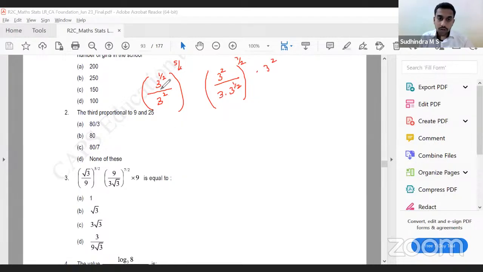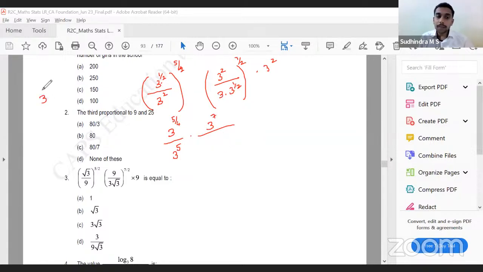So 3 power 1/2 into 5/2 is 3 power 5/4, since 2 twos are 4, correct? 5/4 divided by 3 square into 5/2. The 2 gets cancelled, so 3 to the power of 5. Then 3 square into 7/2, the 2 gets cancelled, 7, divided by 3 into 3 to the power of 1/2, which is 3 to the power of 3/2.